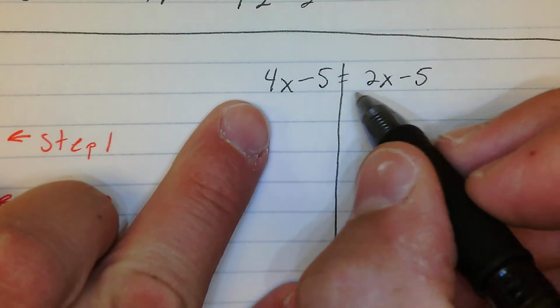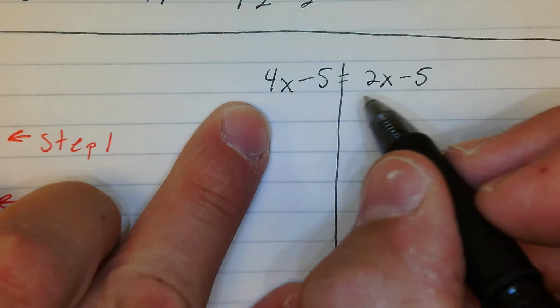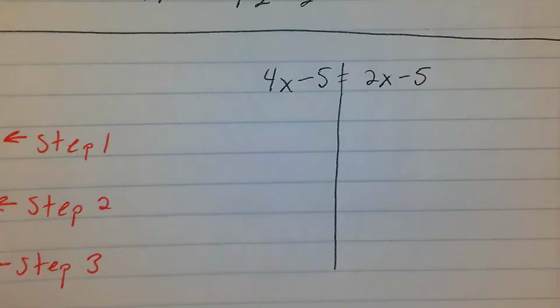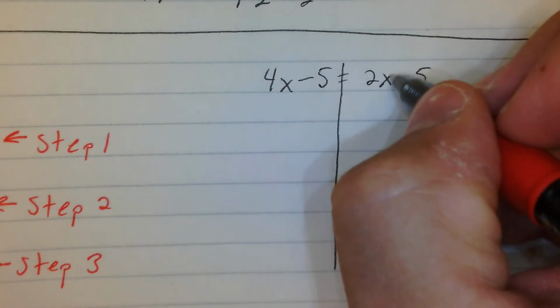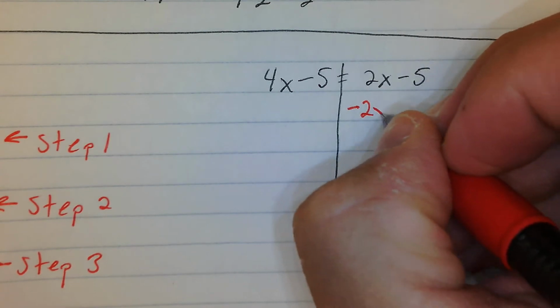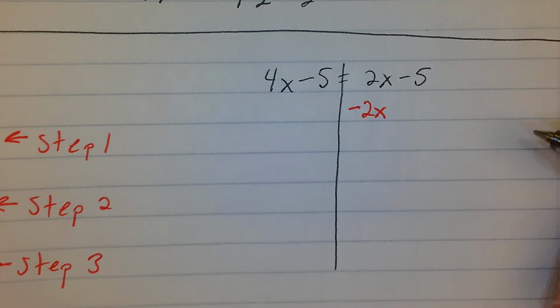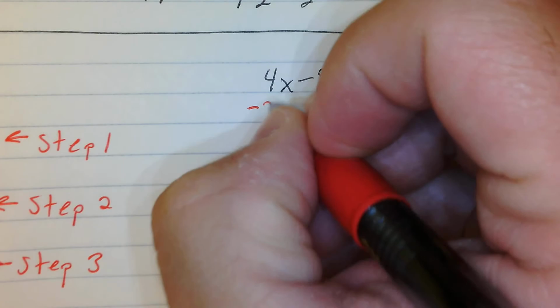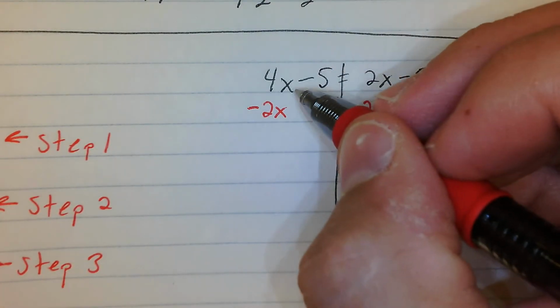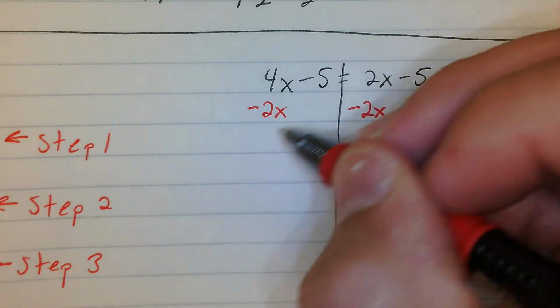Okay, well 2 is smaller than the 4, so I'm going to move the 2 over, and I'll leave the 4 where it is. So this is a positive 2x, so to get rid of it, we're going to do the inverse operation and subtract 2x. What I do to one side, I do to the other. Remember, variables go with variables. Alright, they do not go with constants.